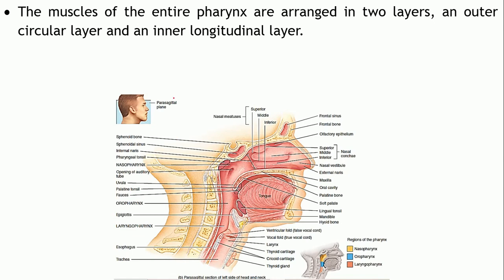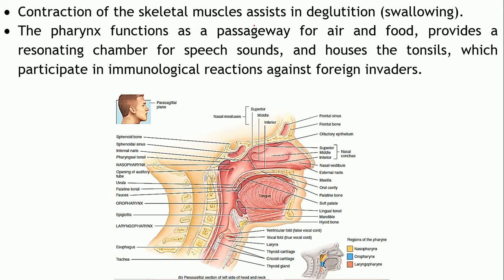Now the muscles throughout the pharynx are arranged in two layers. The outer layer comprises of circularly arranged muscles, and the inner layer comprises of muscles which are arranged in the longitudinal layer. These skeletal muscles are voluntary in nature, so they will help in the process of deglutition. If you can recall, deglutition means swallowing.